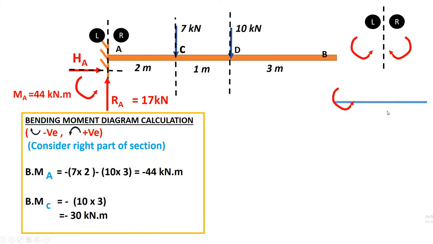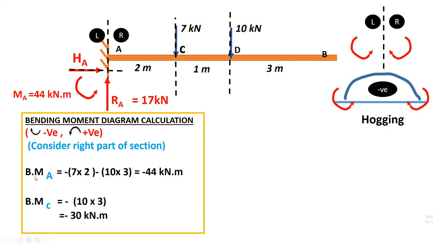Why is it negative? Left side anticlockwise and right side clockwise creates which type of shape? This one is a hogging shape, yes or no? And hogging bending moment is negative. So if you have a clockwise moment in the right part, you have to put a minus sign, because in the right part clockwise moment is negative.